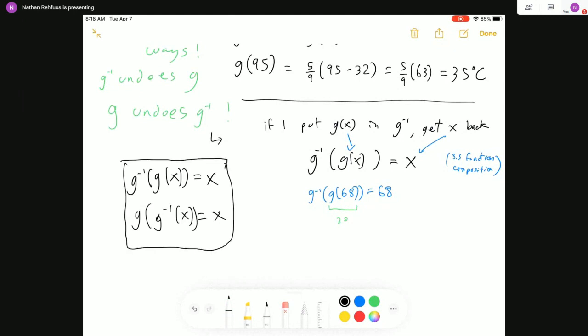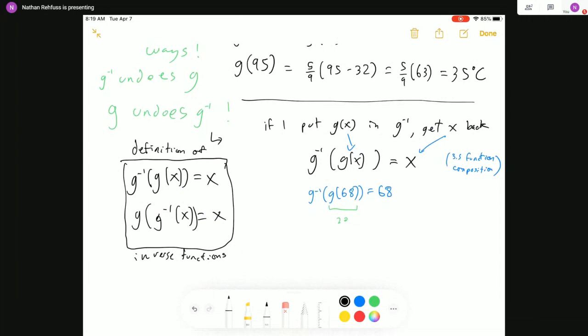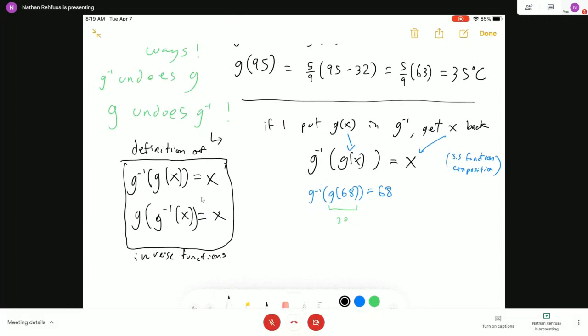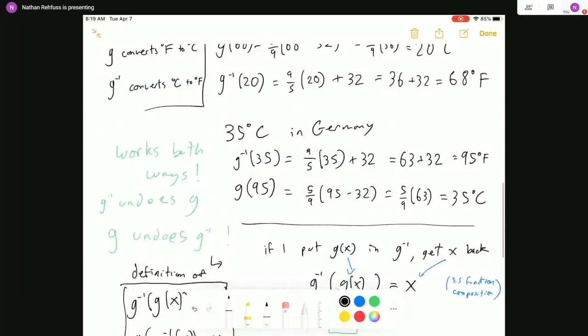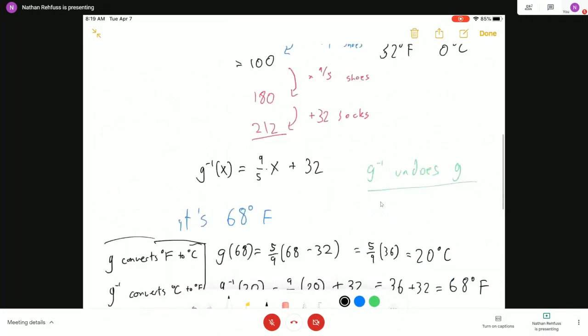So we're going to use this as our definition of inverse functions. If the functions undo each other in both orders, you've got a pair of inverses. This is the mathematical statement of that definition I gave you in English a little while ago, where I said G inverse undoes G.